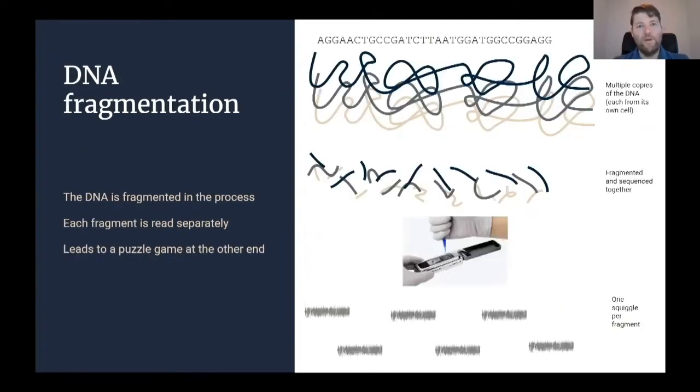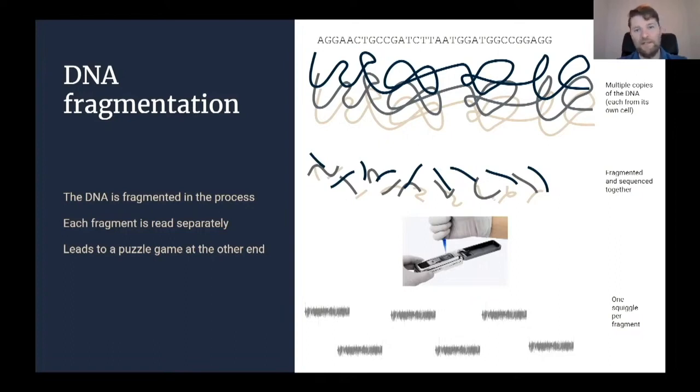So one important thing to mention at this point is DNA fragmentation, because I guess in your mind now you think of DNA as just one very long molecule, and as long as we read it in a single pore, then everything is good. But that's unfortunately not what happens, right? So the DNA molecule is already split into chromosomes, as I said, but also when the sample is prepared for sequencing, these chromosomes are fragmented.